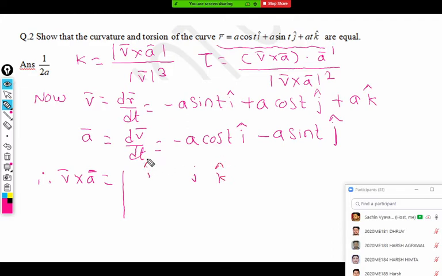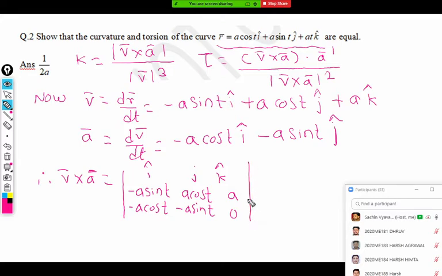Then the components of the velocity vector: minus a sin t, a cos t, and a. And this is minus a cos t, minus a sin t, and 0, the components of A bar.